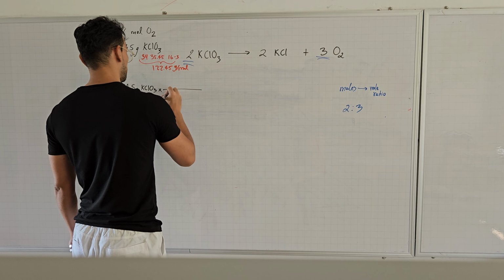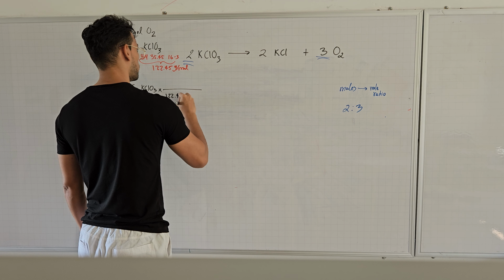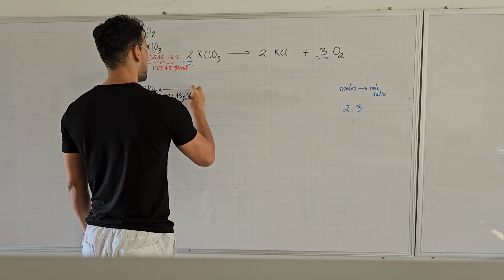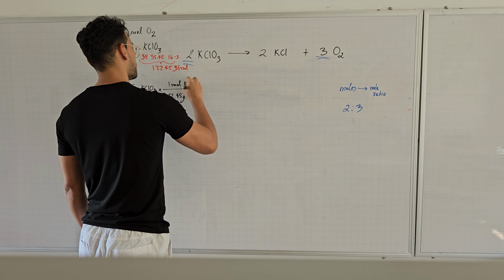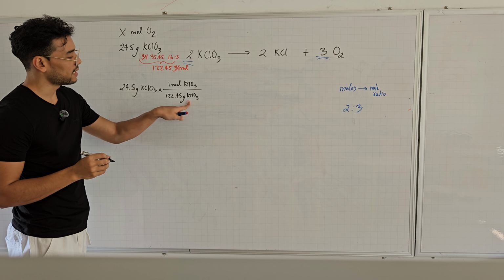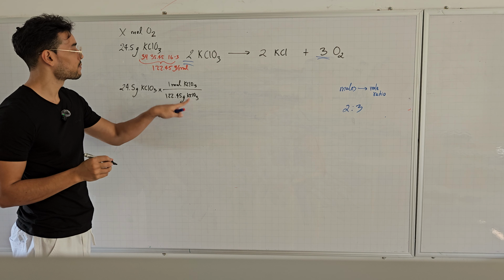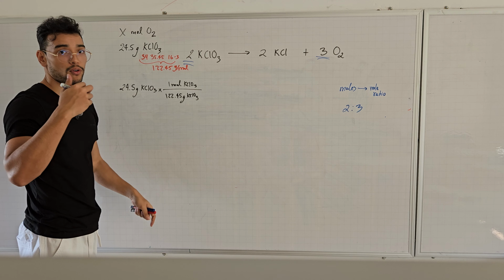So I know that potassium chloride weighs 125.45 grams, and that's the equivalent of 1 mole of potassium chloride. Remember, the unit that we have goes in the denominator, and the unit that we are looking for, in this case the number of moles, goes above.